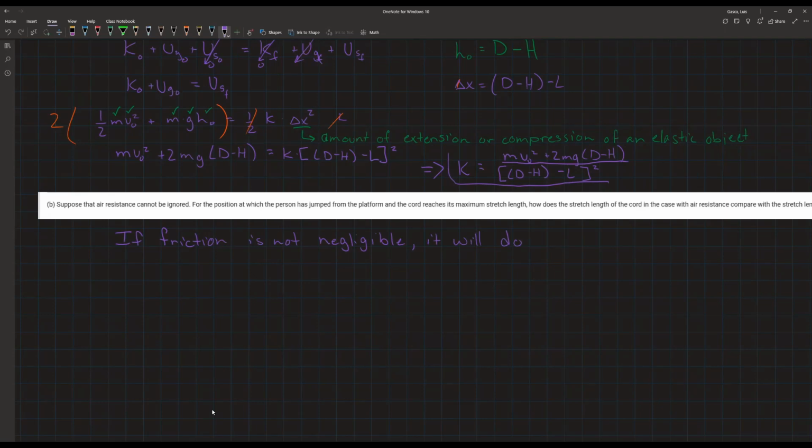It will do negative work on the student, board, earth system, decreasing the total amount of mechanical energy in the system.